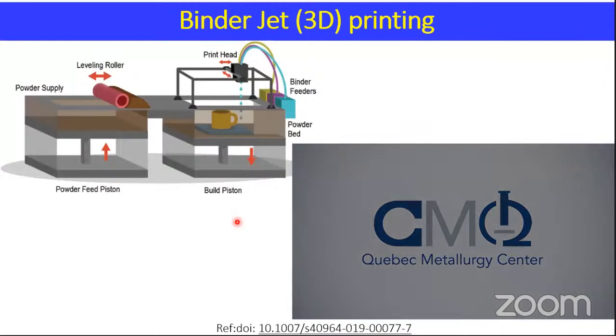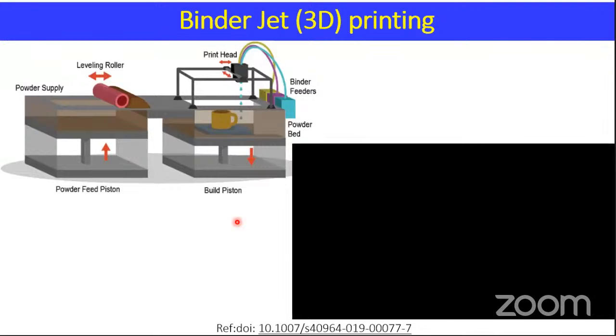So with this technique, in the as-printed condition, it is not advisable to use the parts directly. We have to do appropriate post processing, like sintering when we use a metal powder, before we get into actual deployment in practical scenarios. In that way, we can think of this process as very similar to our powder metallurgy route.